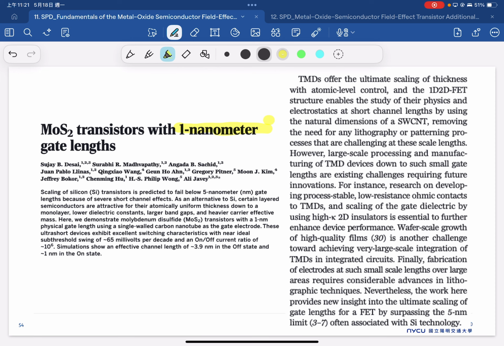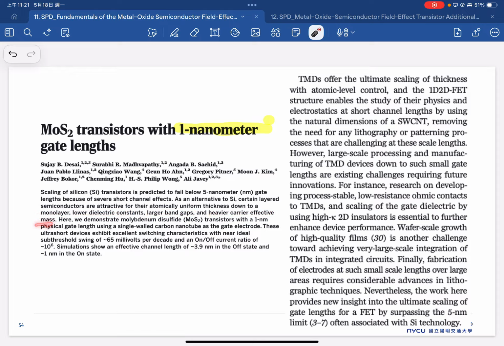So the first few sentences: scaling of silicon transistors is predicted to fall below 5 nanometer gate length because of severe short channel effects. As an alternative to silicon, certain layered semiconductors are attractive for their atomically uniform thickness down to a monolayer, low dielectric constants, large band gap, and heavy carrier effective mass.